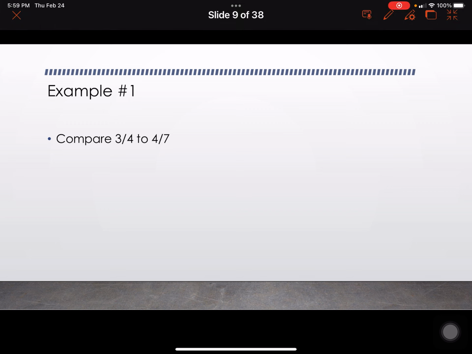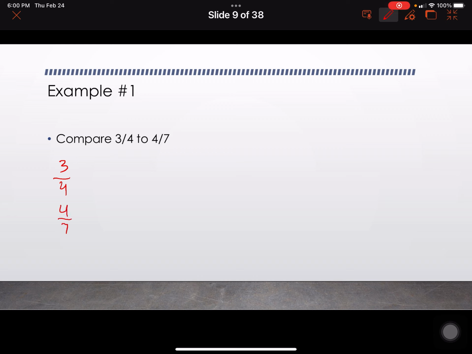This is example 1. Take a moment to pause the video and see if you can find a common denominator using the multiplication method we just discussed. Now we have 3/4 and 4/7.